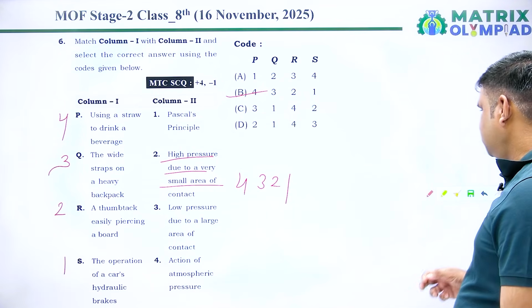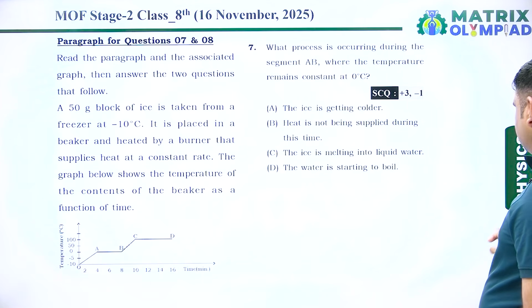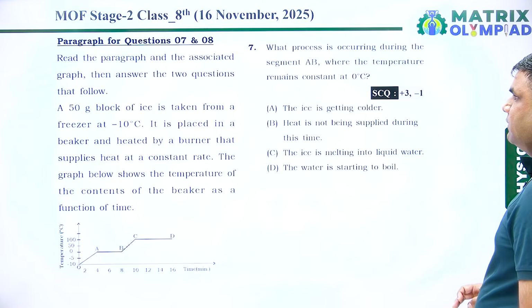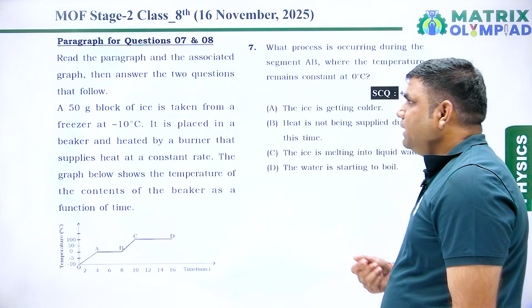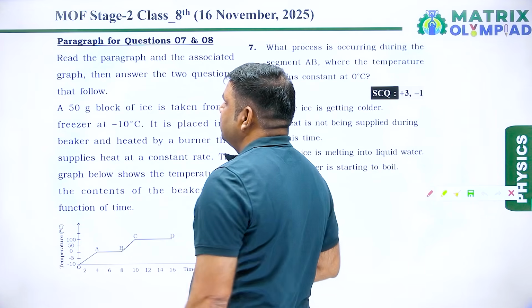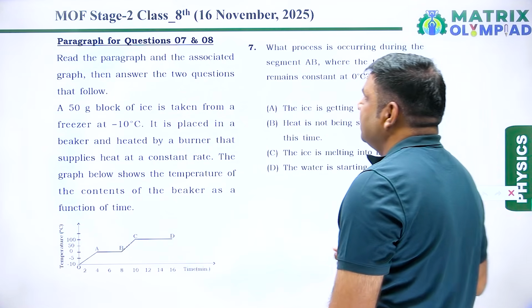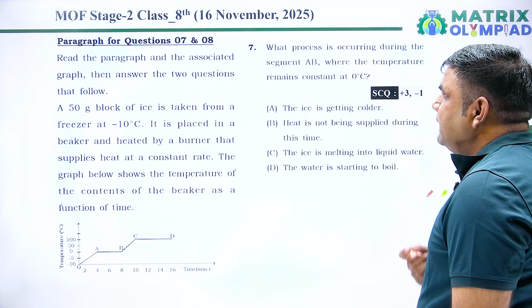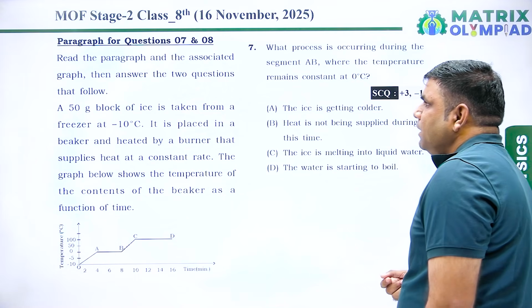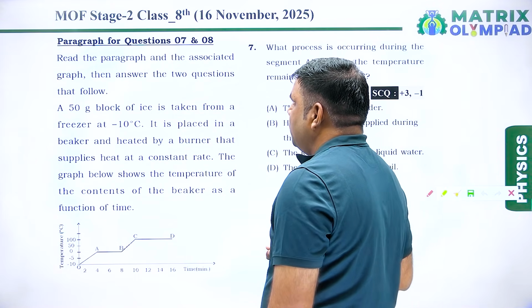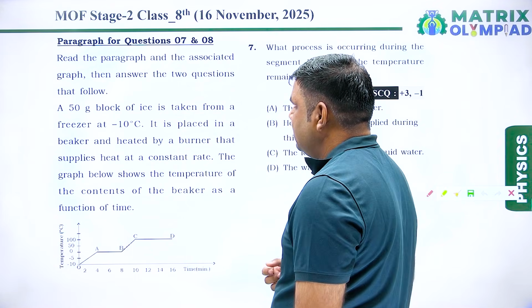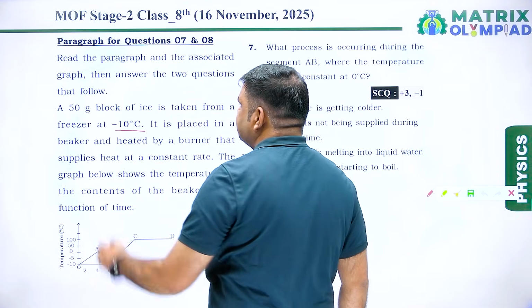Let's move to the next question, that is question number 7. Questions number 7 and 8 are both based on the same paragraph. So read the paragraph and associate the graph, then answer the 2 questions that follow. A 50-gram block of ice is taken from a freezer at minus 10 degrees.